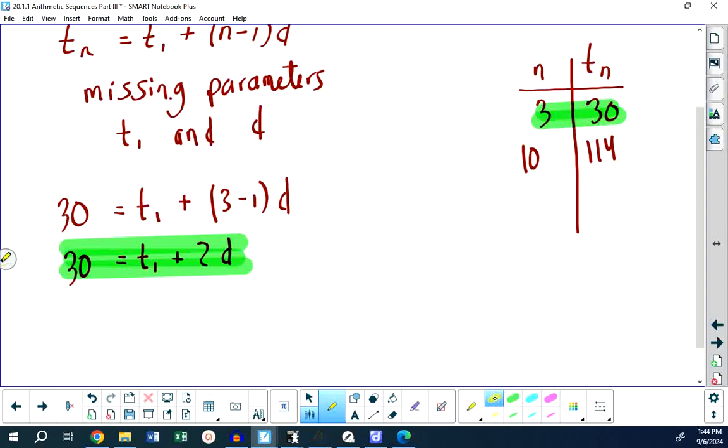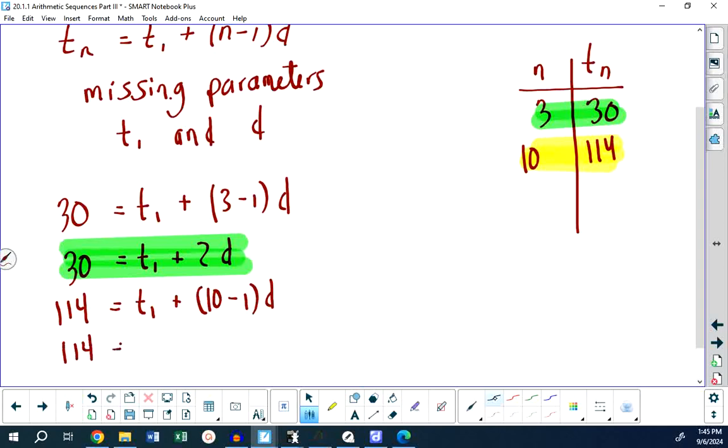When I use this, what happens? I get 114 equals T1 plus, and again, everybody, I would just like to write 9D, but it's 10 minus 1 times D. So I get 114 equals T1 plus 9D.